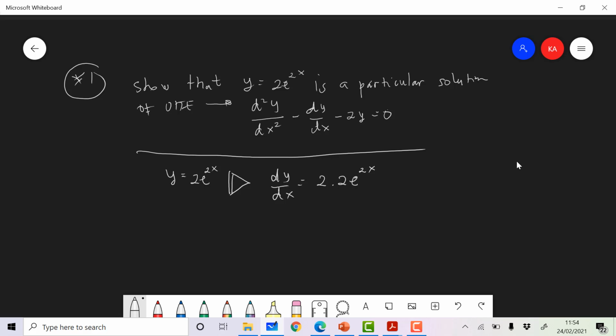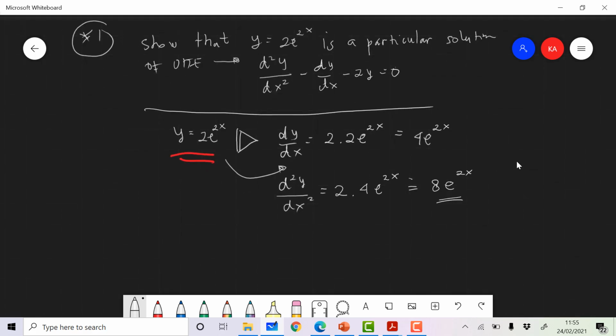We make a differential of this equation, so it becomes 4e^(2x). The second derivative of this one becomes 2 times 4e^(2x), so it is equal to 8e^(2x).